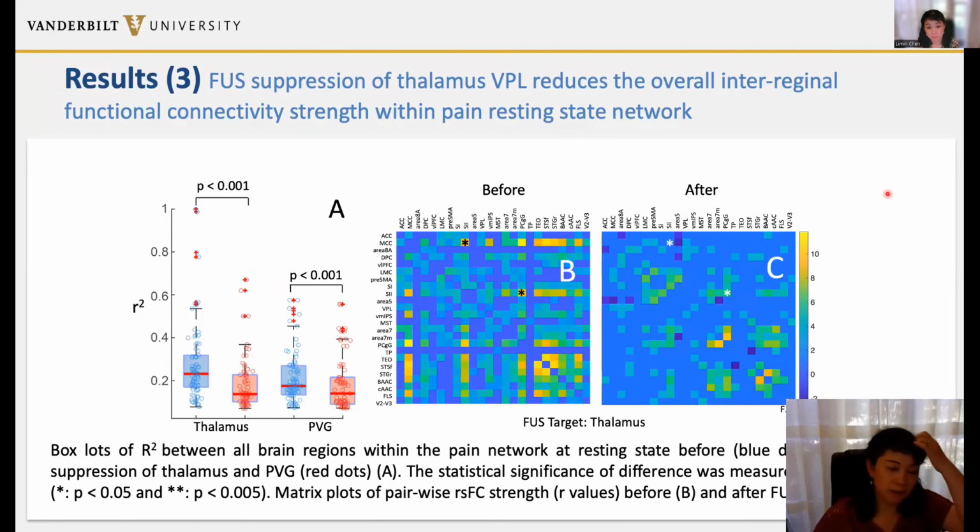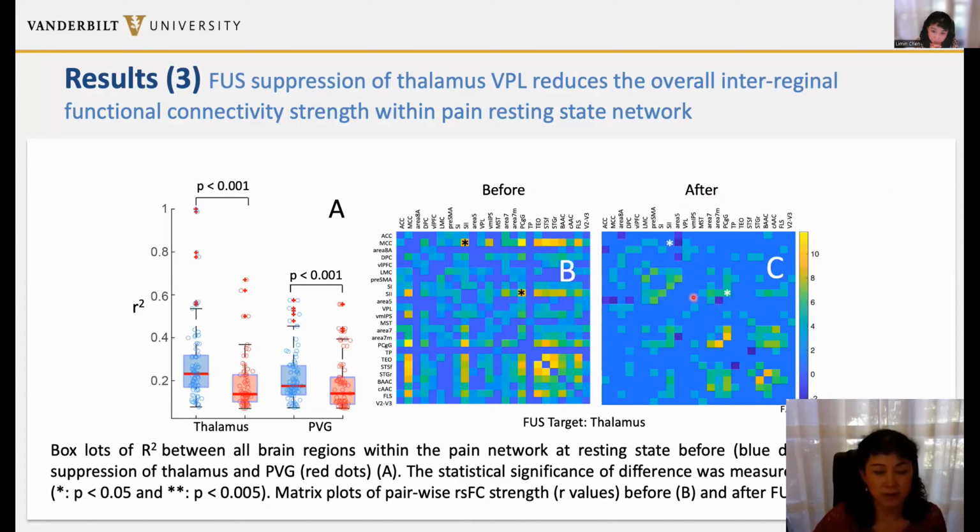We compared the pairwise connectivity before and after ultrasound exposure. In the middle matrix plot, you can see that before the ultrasound exposure, many brain regions are highly interconnected. After the ultrasound exposure, you can see most of the activation decreased.